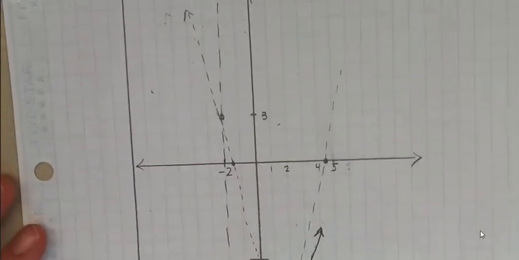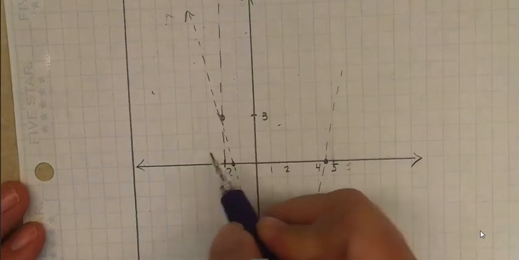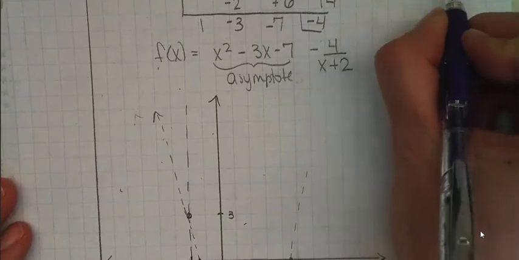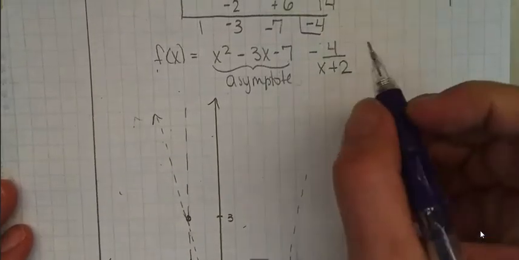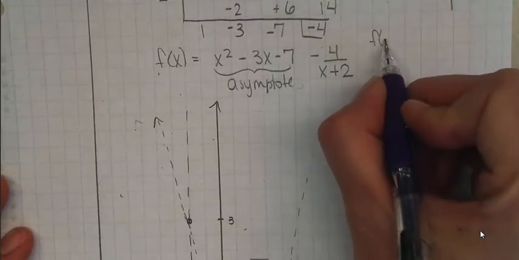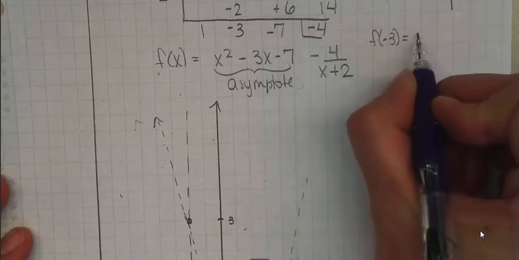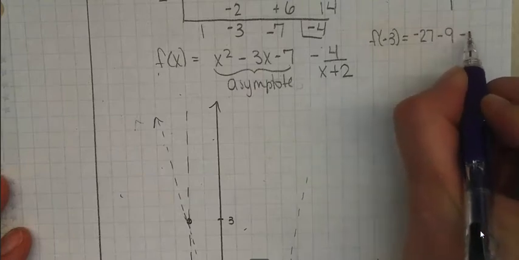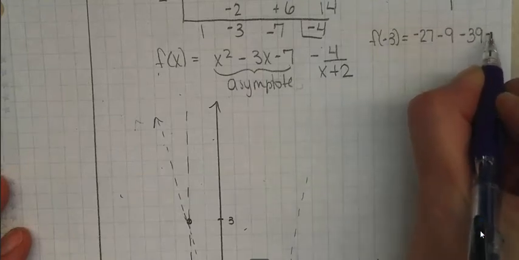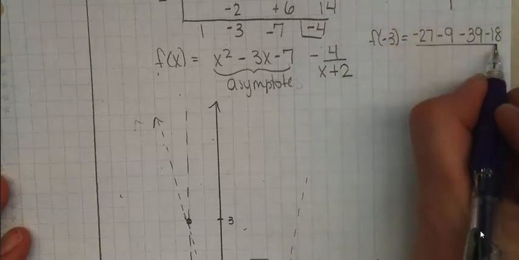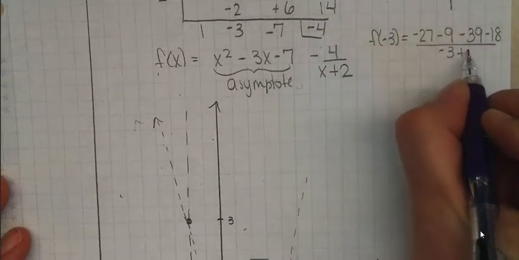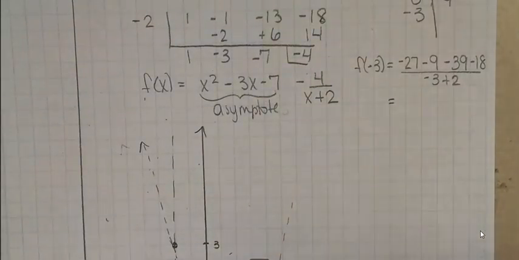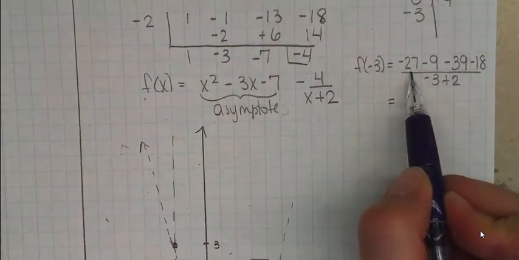And then the other branch, well, maybe I could plug in negative 3 and see where I should be. So if I plug in negative 3, oh boy, f of negative 3 is negative 27 minus 9 minus 39 minus 18, all over negative 3 plus 2. I'm just making sure I did my math right.